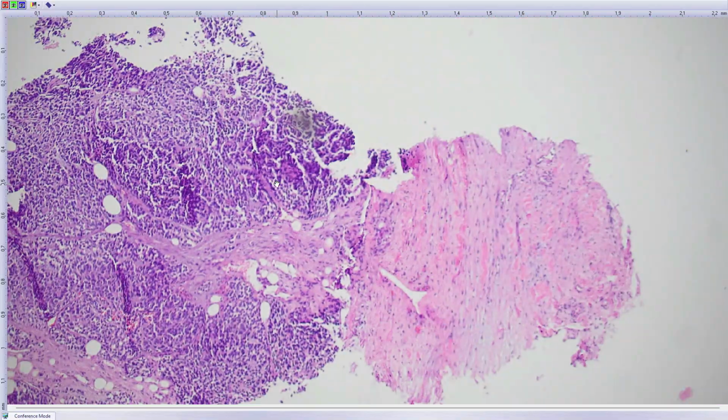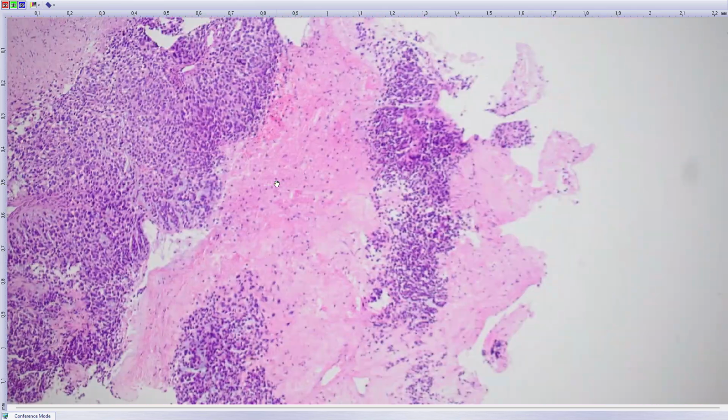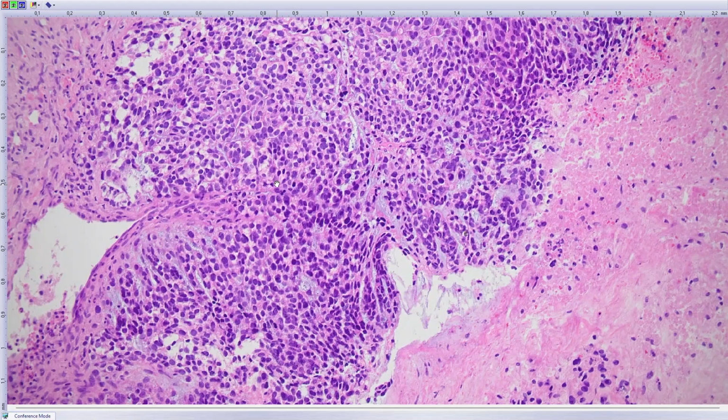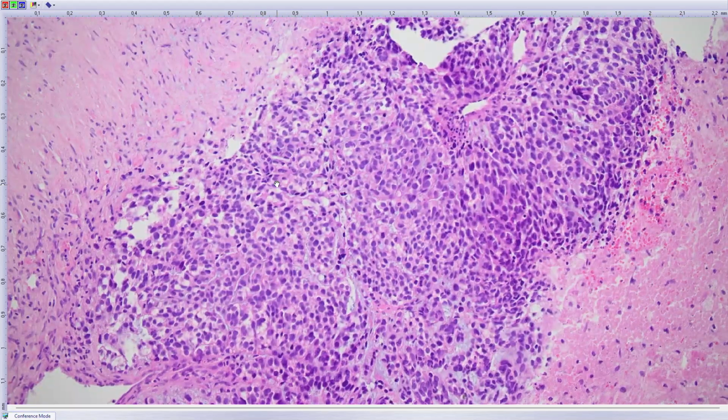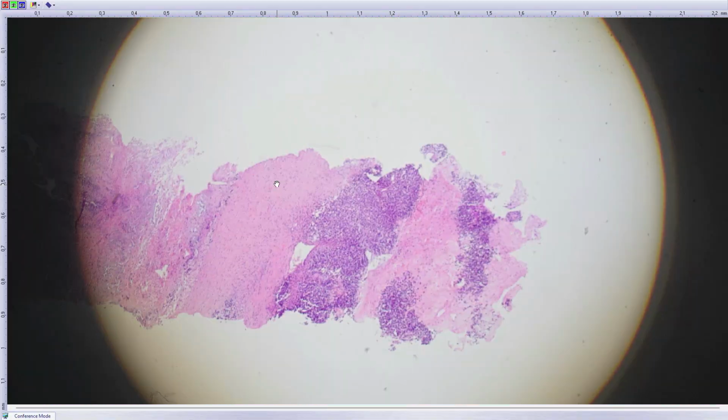Obviously in this age group, with this morphology and necrosis, first of all you should exclude Ewing sarcoma, because the cells are really monotonous. So you do CD99, which should show diffuse membranous positivity. I'm not sure if it was here or not, probably was.